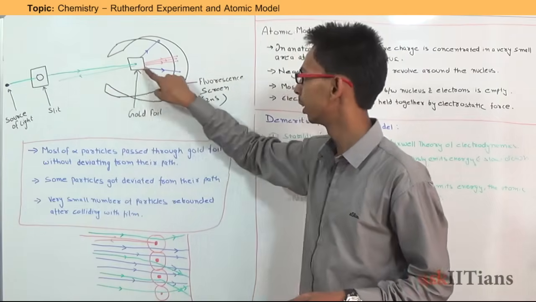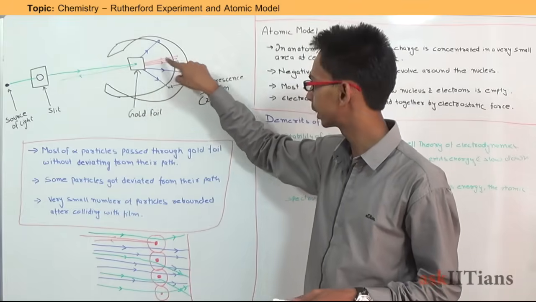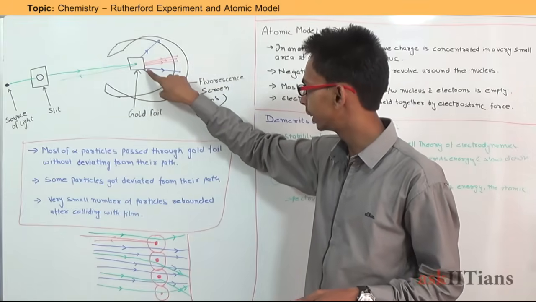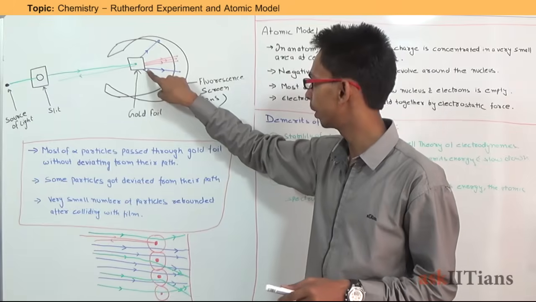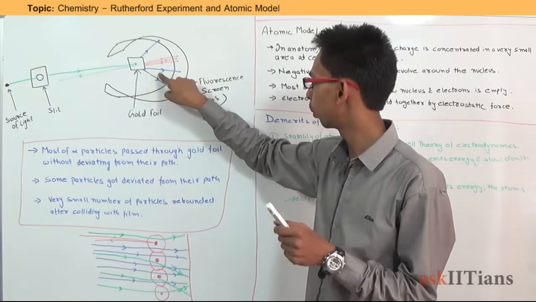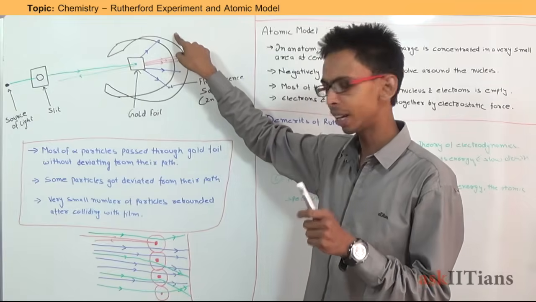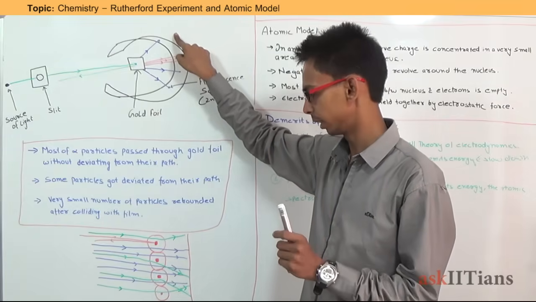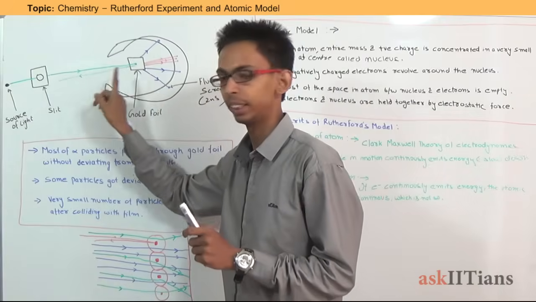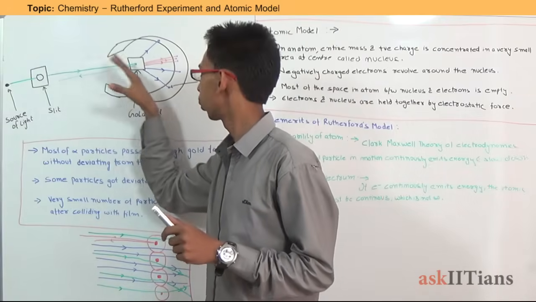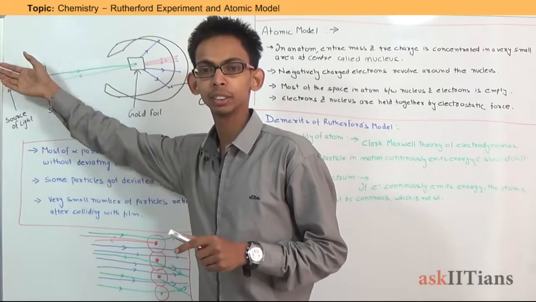They came straight, and then rather than going straight to the screen, they changed their path. They got deviated by a very small angle. And a very small number of particles just rebounded. They came back in the same direction from where they came.